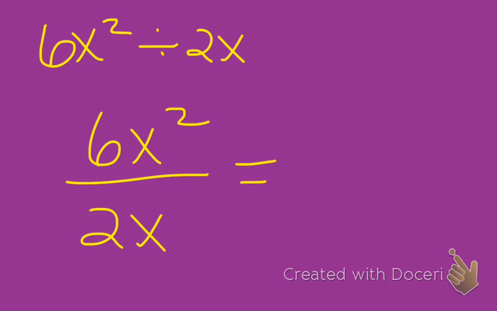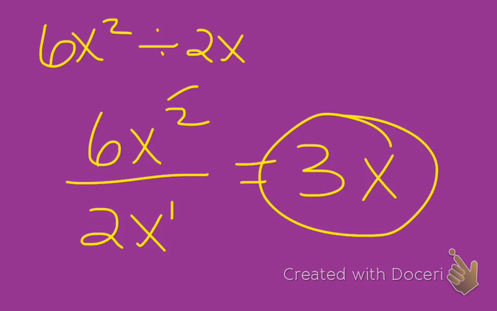And since the 6 isn't on the bottom, the 3 will be on the top, okay? I didn't technically have to do that. If you knew it was 3, I could have just done that. And I have a 2 on the top and a 1 on the bottom. So it would be x to the 1. Is that on the numerator or denominator? On the numerator. Very good. How did you know that? Because the numerator was bigger. Very good.